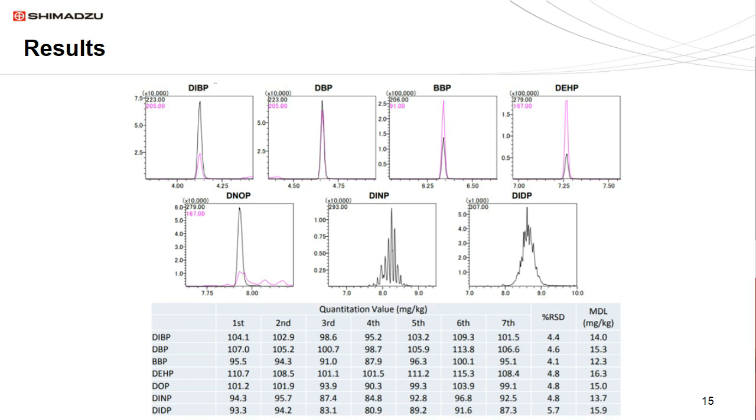What we can see in the table below is the repeatability as well as the MDL calculated after measuring the 100 milligram per kilogram phthalate ester standard sample 7 times. The repeatability here for quantitative values obtained ranges from 4.1 to 5.7%, and the MDL was around 12.3 milligrams per kilogram up to 16.3 milligrams per kilogram, which are quite favorable results in regards to how low we can actually see.